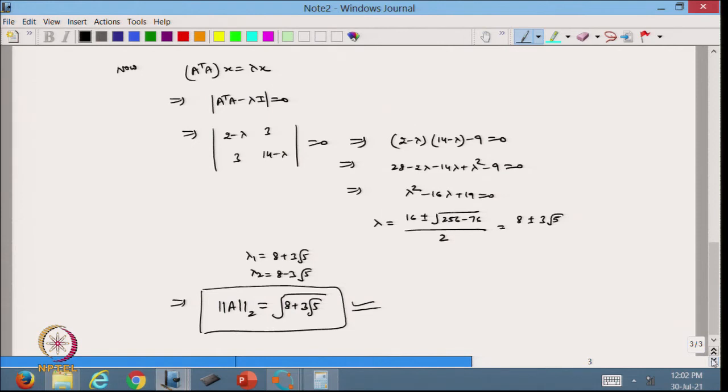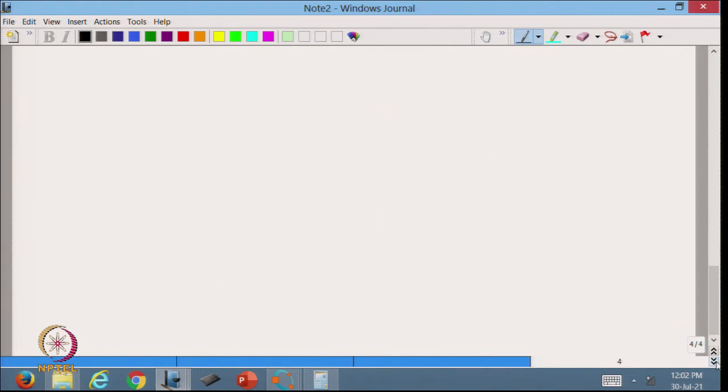Now, after doing this one, we can have a relation between the eigenvalues and the norm. So, from here I just can make a note. We know that norm of Ax, I am taking any norm, is less than or equal to norm of A times norm of x.